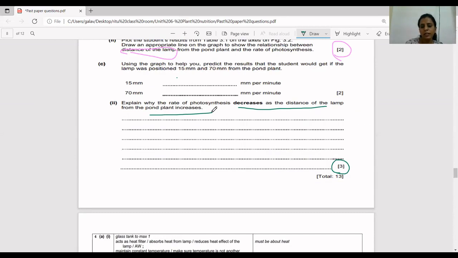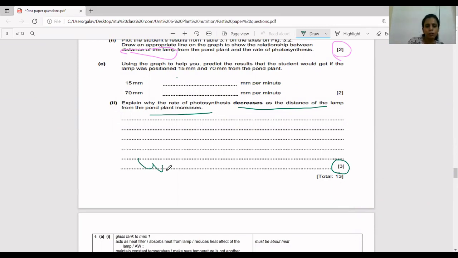And for the next mark you will get for writing that as light intensity decreases, the chlorophyll molecules which are present in the leaf will get a lesser amount of light, and hence these chlorophyll molecules will not be able to perform photosynthesis. So rate of photosynthesis will decrease. And finally, light actually becomes the limiting factor.